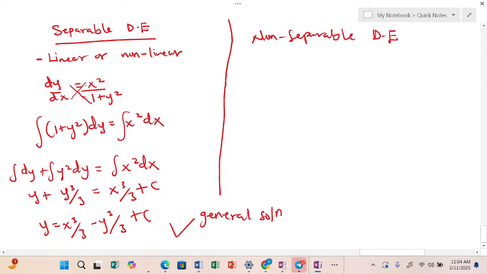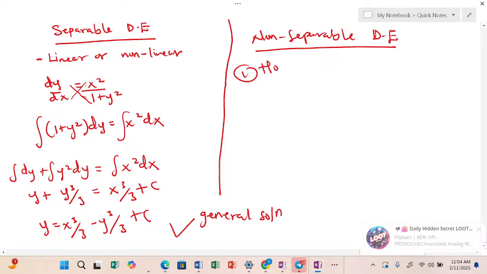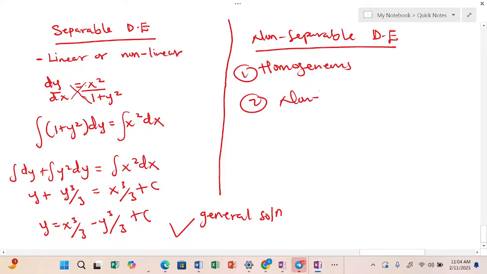So we have this as our next subtopic. So when a differential equation is non-separable, then it could be one, homogeneous, or two, non-homogeneous. So quickly, we'll be looking at homogeneous.